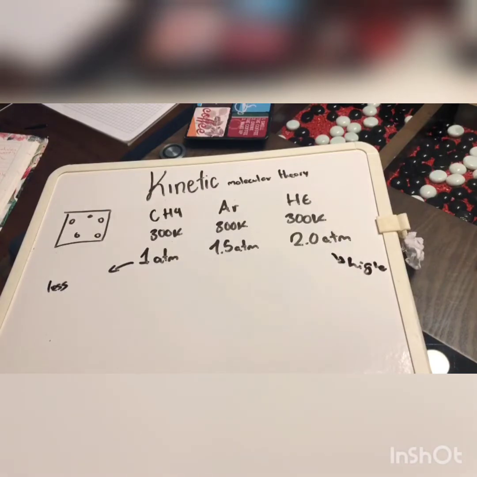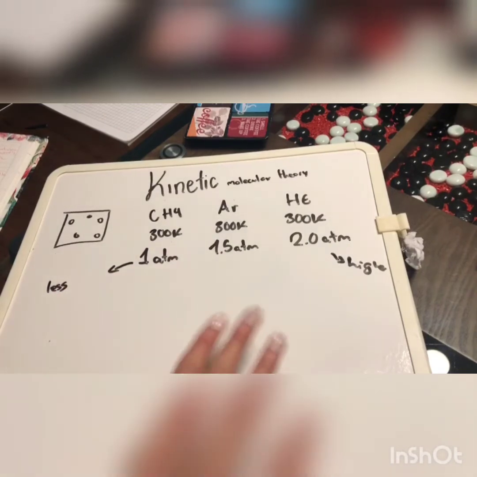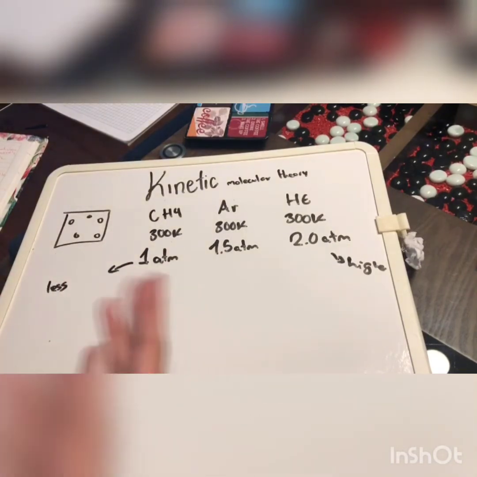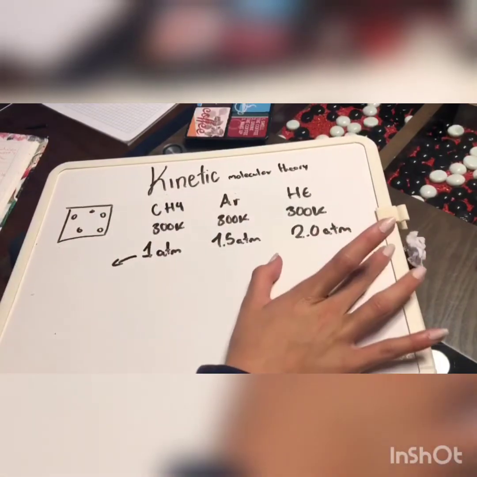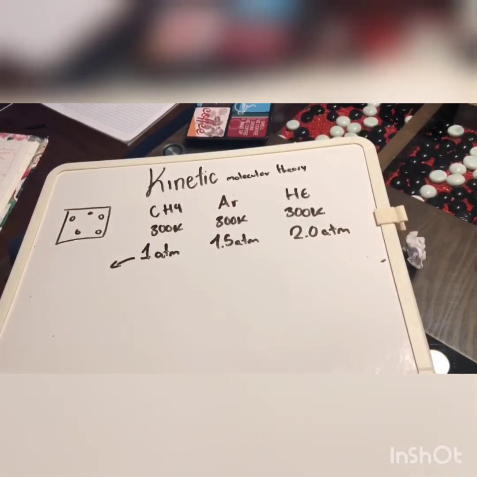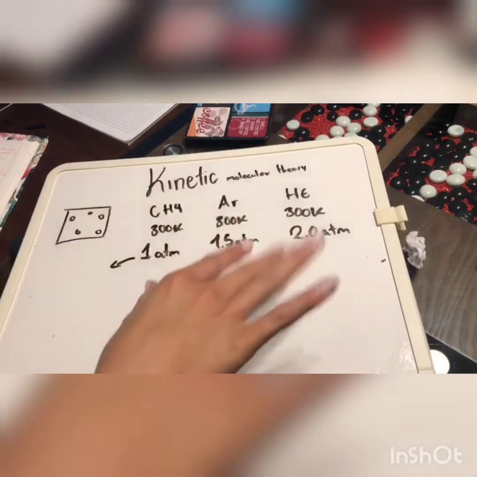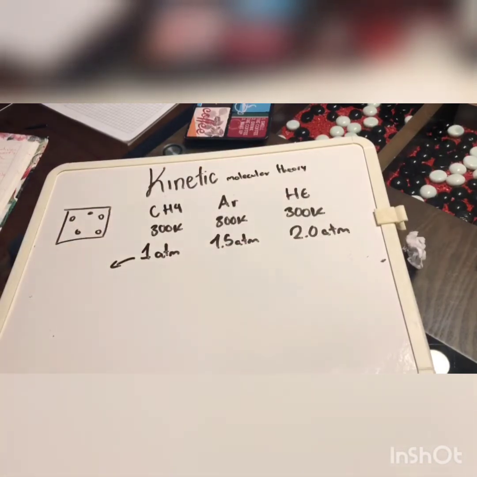So which one do you think has the highest average kinetic energy? The one that has less pressure or the one that has more pressure? The answer is that they are equal, because the temperature is the same for all of them. So they have exactly the same average kinetic energy, that is proportional to kelvins.